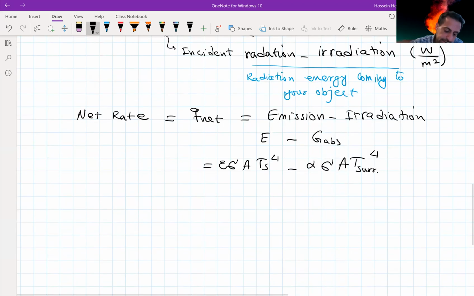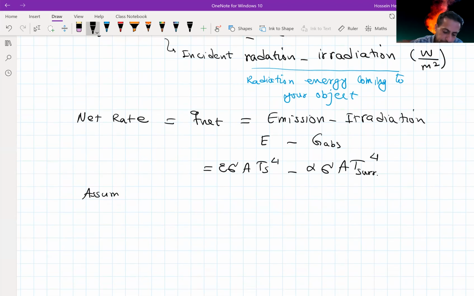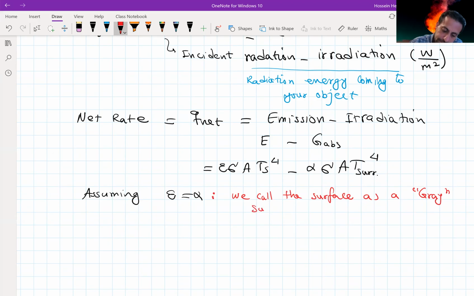Now, assuming epsilon is equal to alpha, which is not really the case, but for simplification, we make that assumption, we call the surface a gray surface.